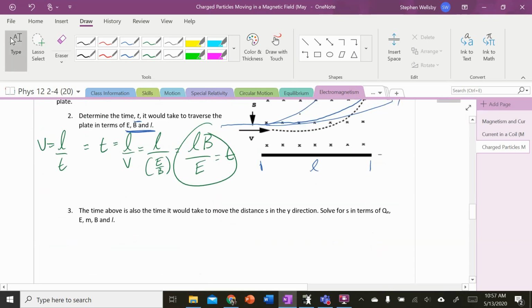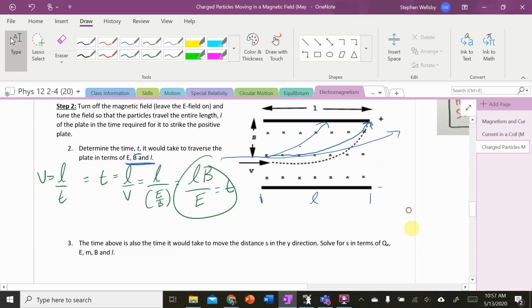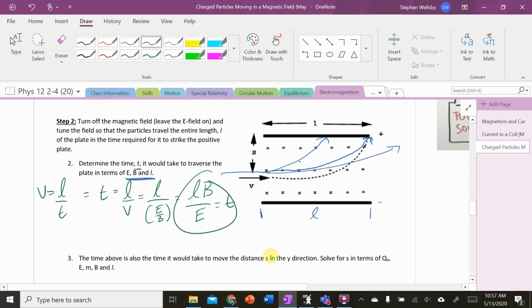Now, the time here is also the time it would take to move the distance S. You'll notice S is half of the distance between the plates. Because it starts at the midpoint, that's where he's aiming these to go, right in between these 2 plates, right in the middle. And so it's going to move this distance S in the Y direction.